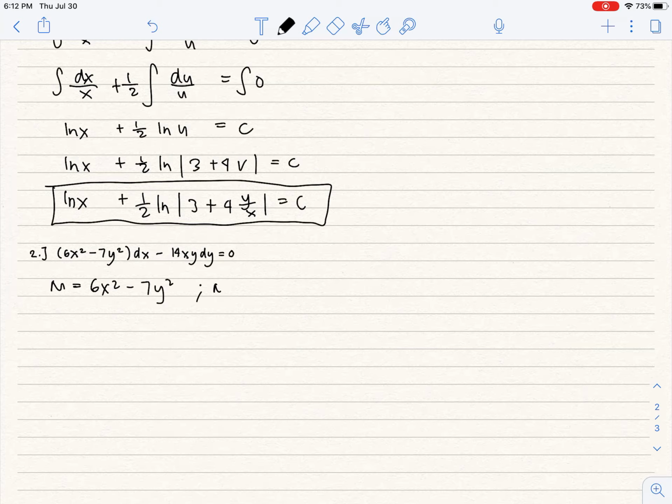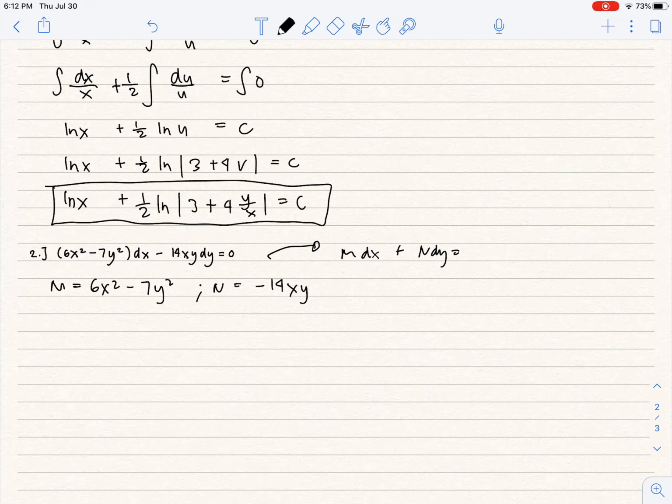Then n is just, di ba, minus man na dia, so apilon na nimo siya, minus 14xy. Okay? Di ba dapat plus man na kay ang form sa DE kay m dx plus n dy is equal to 0. So negative man siya, so appeal siya sa n.